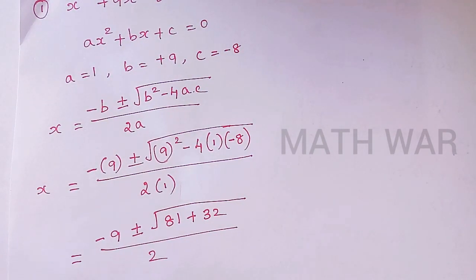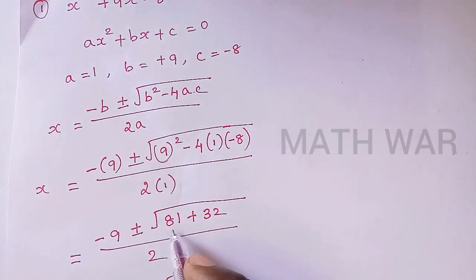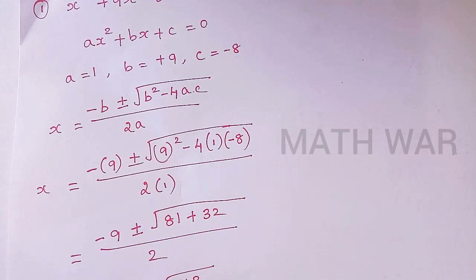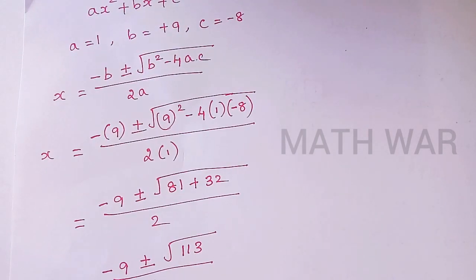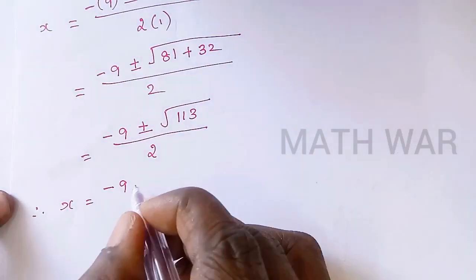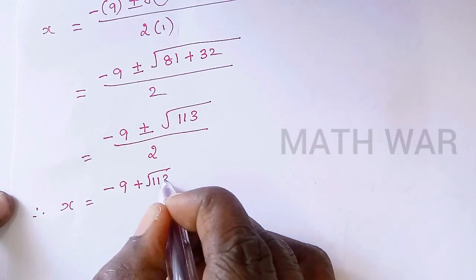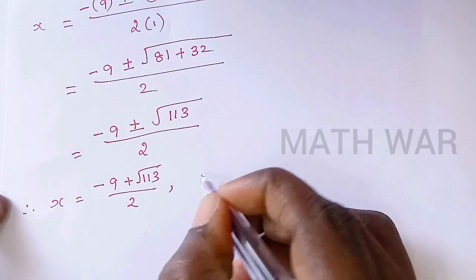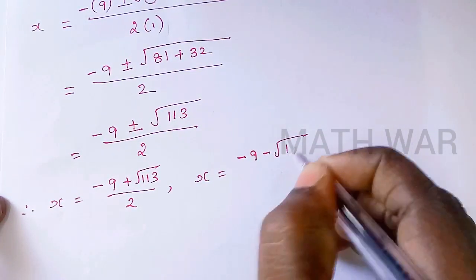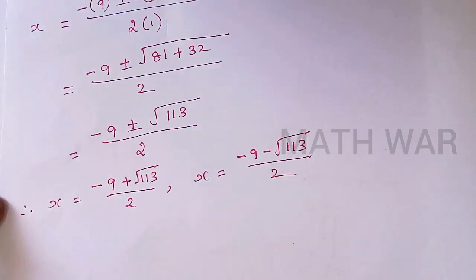That is equal to minus 9 plus or minus square root of 81 plus 32, it is 113, divided by 2. Therefore x is equal to minus 9 plus square root of 113 by 2 is one solution, and x is equal to minus 9 minus square root of 113 divided by 2 is the other solution.